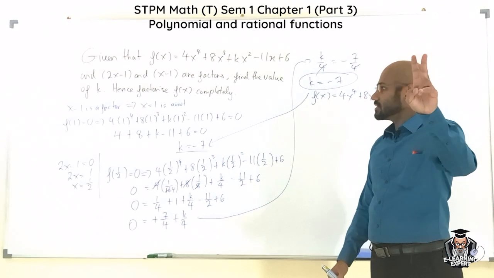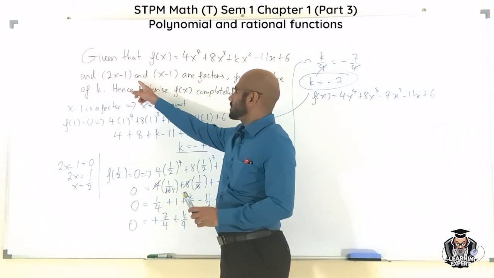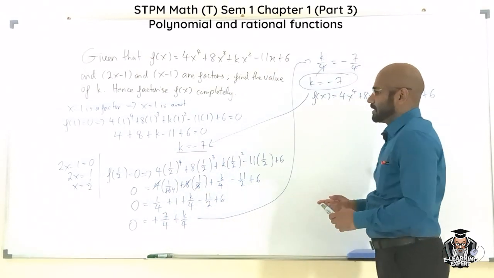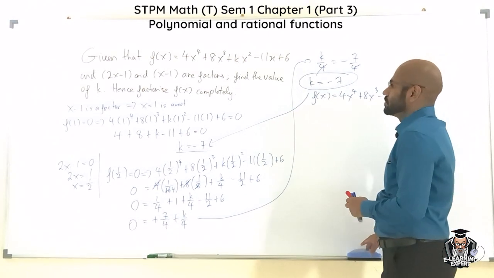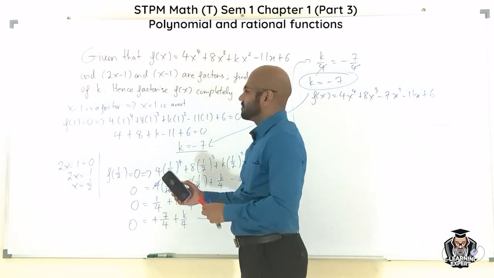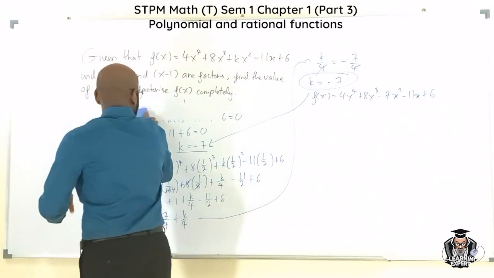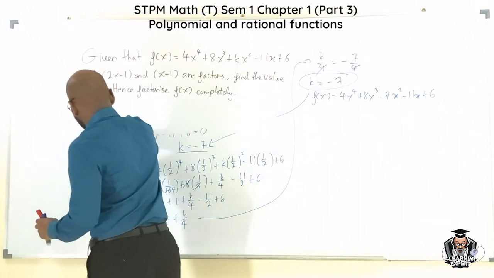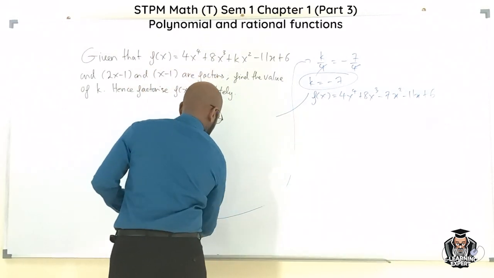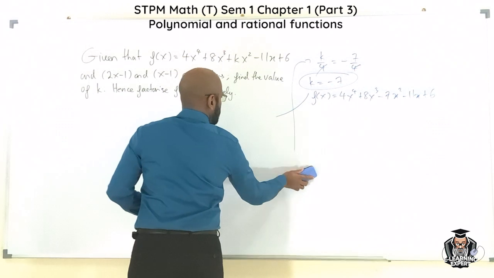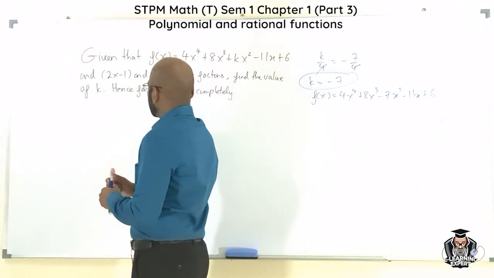So now guys and girls, I've got two factors over here. What are the factors? 2x minus 1 and x minus 1. Before I do the long division, I'm going to use both of these factors in one shot. So watch what happens over here. Expand the brackets.